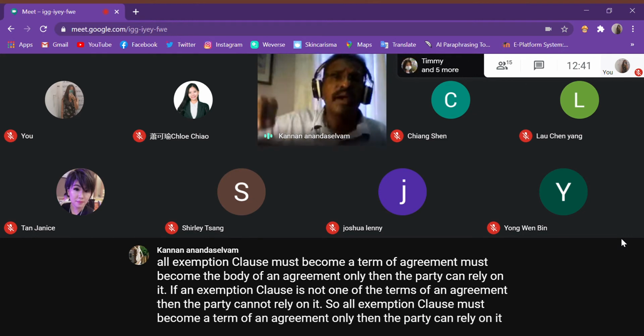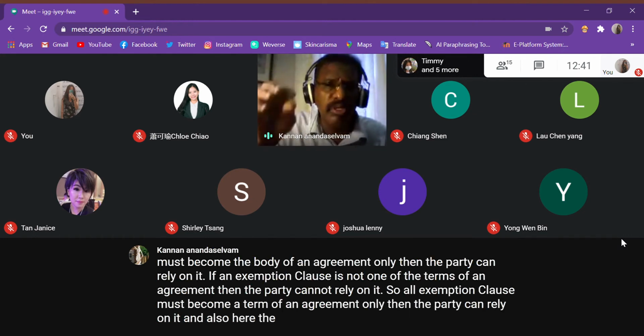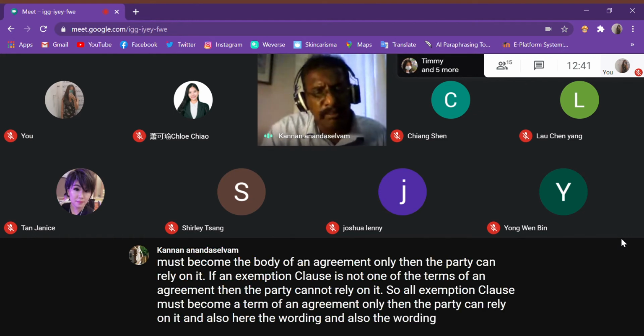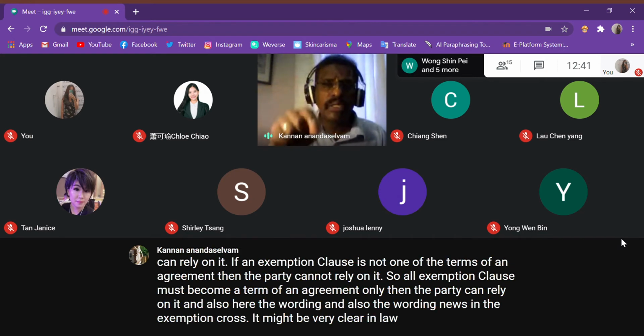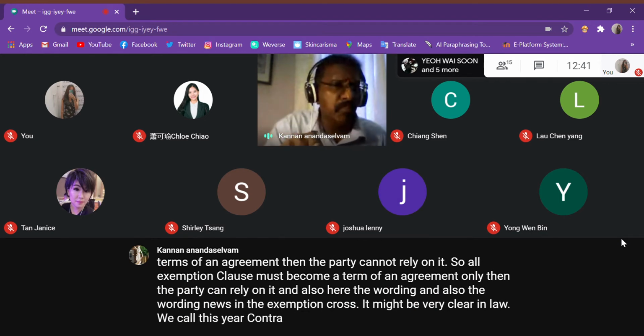And also here, the wording used in the exemption clause must be very clear. In law, we call this the contra proferentem rule. Very important, yeah.